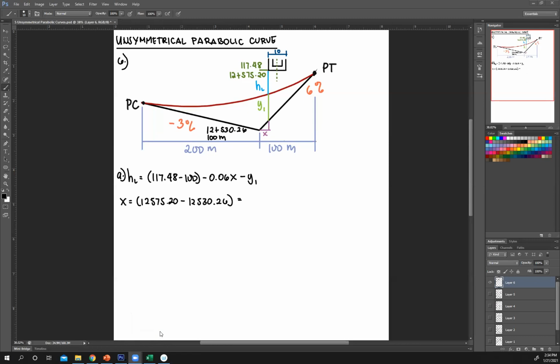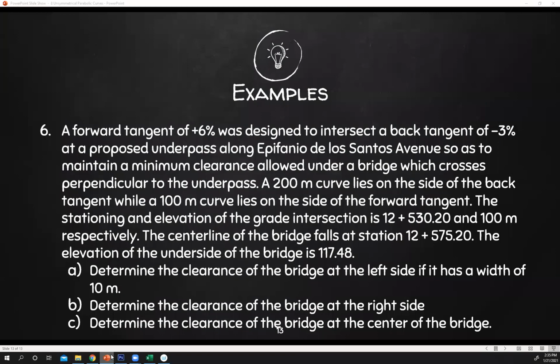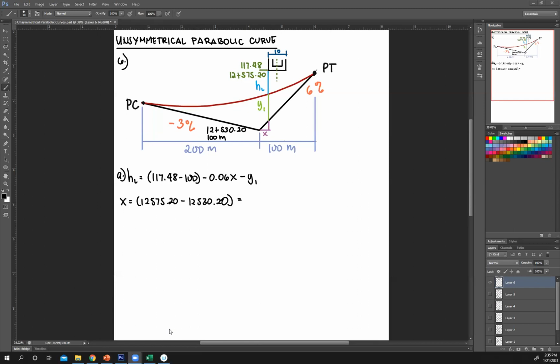Thank you for the correction. It's 45. Correct, it's 45.